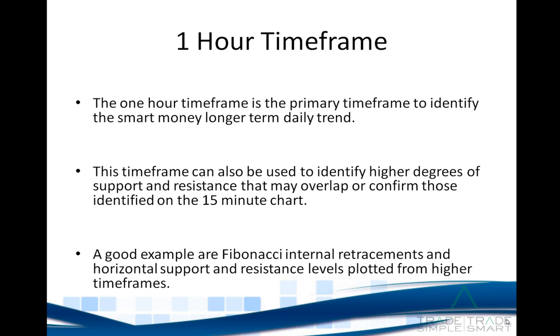And we saw in the last section that we identify the weekly cycle by using the 1 hour time frame. Now, this time frame can also be used to identify higher degrees of support and resistance that may overlap or confirm those identified on the 15-minute chart.